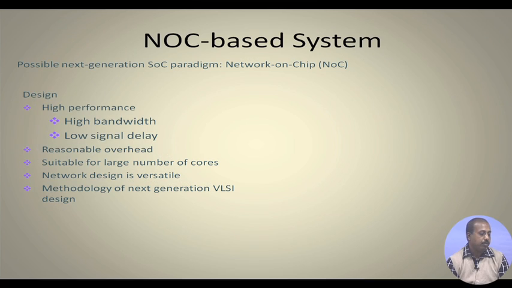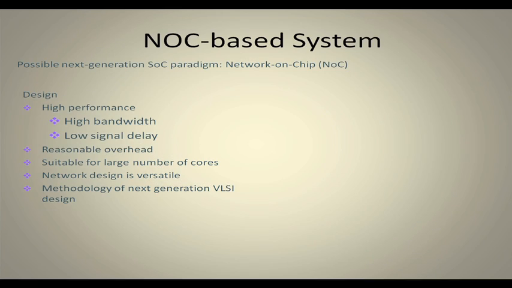If you have a large number of cores, the possibility of parallel communication is higher. As a result, we can exploit the NOC infrastructure for sending a large amount of information from sources to destinations.